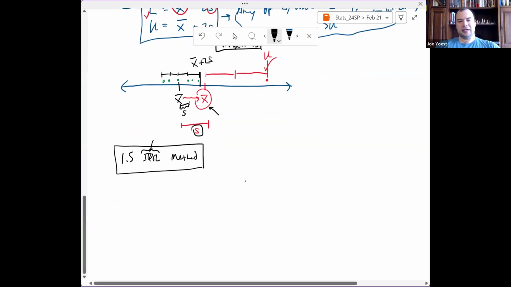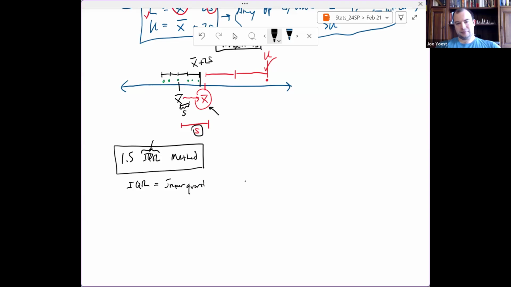So let's start by talking about what is the IQR, the interquartile range. The interquartile range is a measure of variation. So in some sense, it kind of belongs to section 3.2. But the IQR is Q3 minus Q1. Because it uses quartiles and percentiles, we need to wait till 3.3 to introduce it.